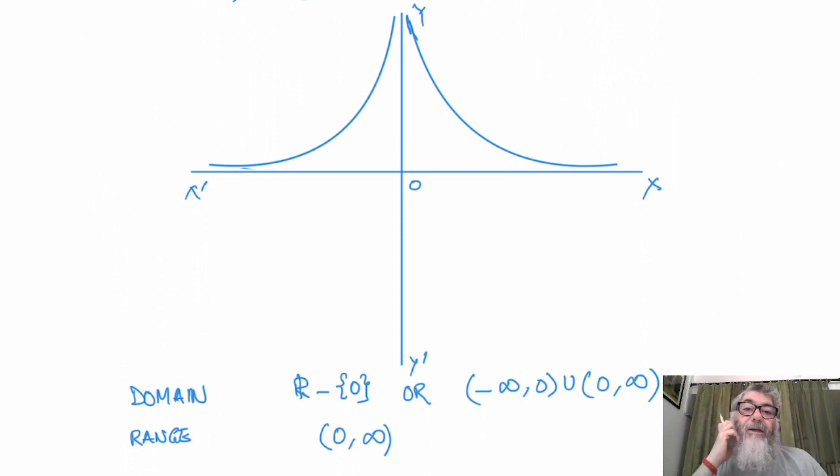Now, as far as increasing or decreasing is concerned, on one side it is increasing, on the other side it is decreasing, so we can say it is neither increasing nor decreasing because it contains both. If you notice from left to right it is increasing on this side, but on this side it is decreasing.